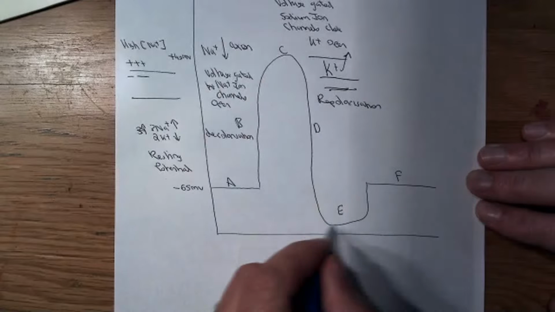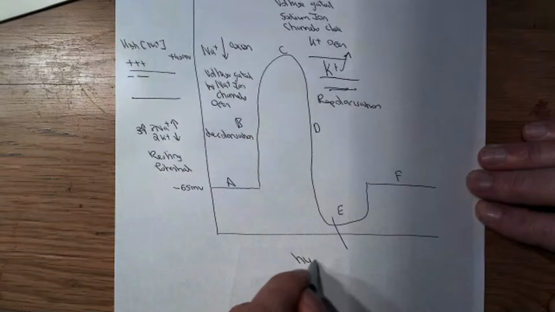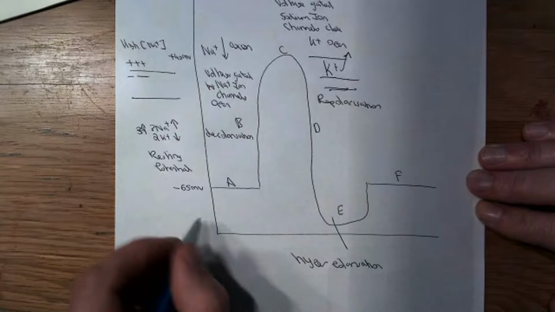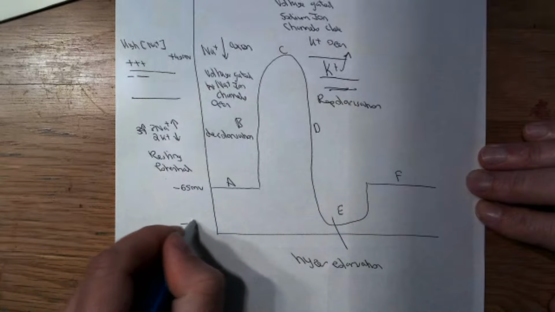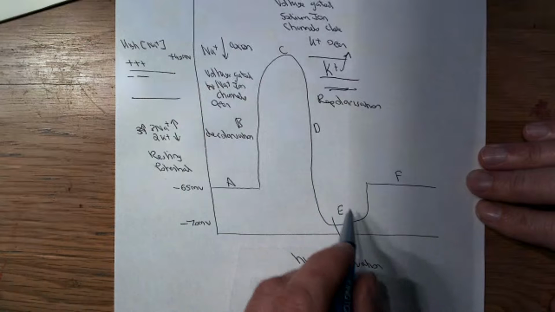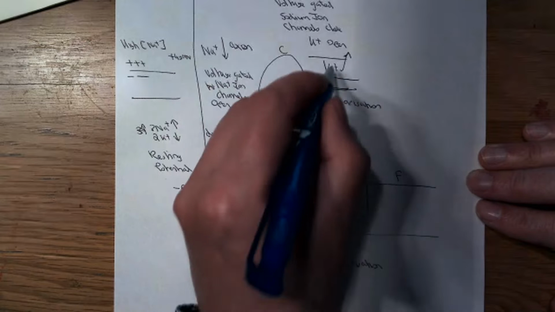And that continues until point E, which is hyperpolarization. And that's where the charge in the axon becomes more negative, so about minus 70 millivolts, more negative than the resting potential, and that's due to excess potassium ions leaving.